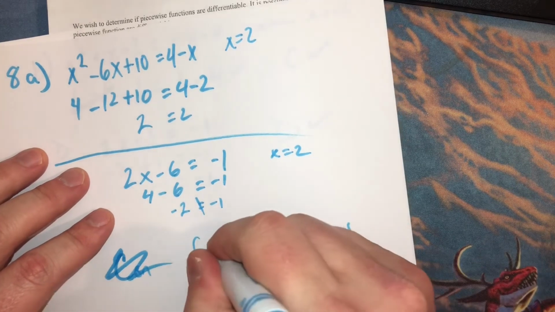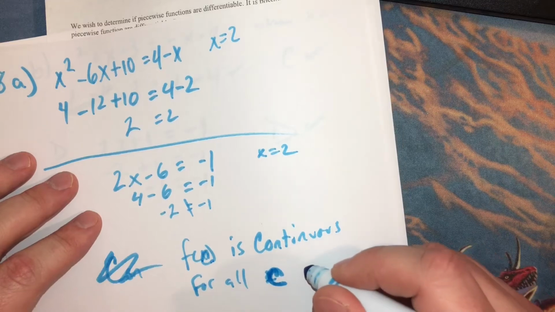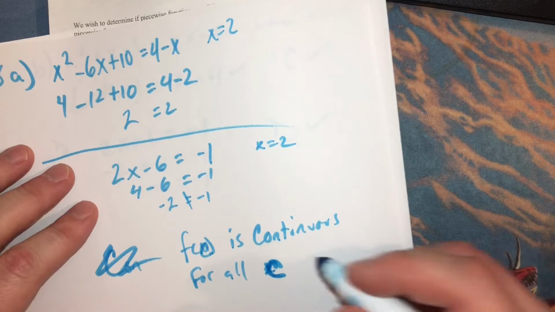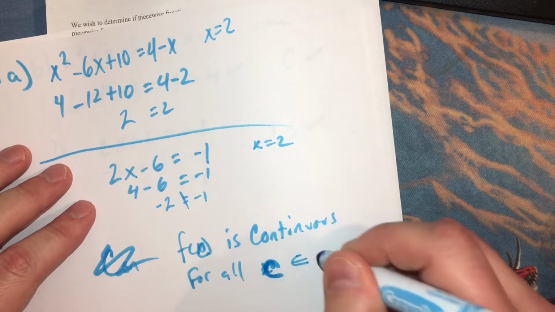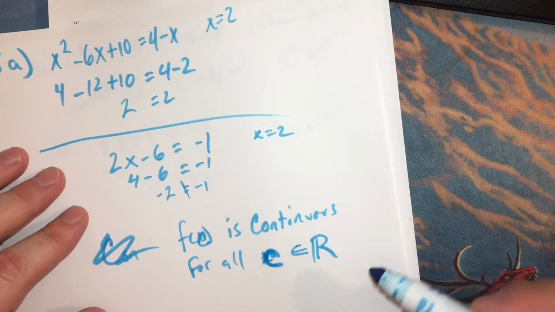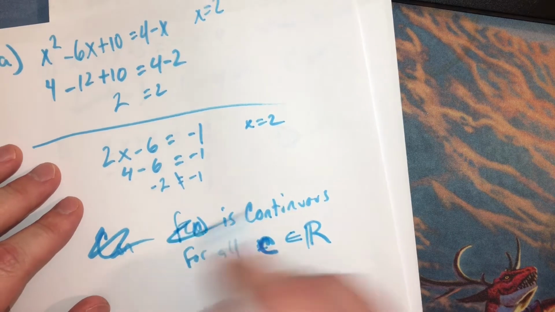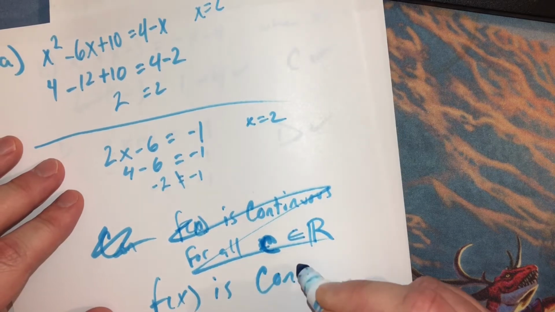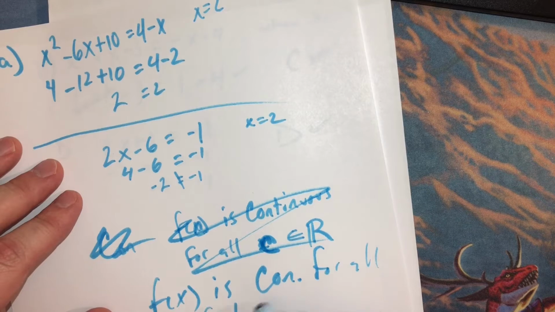I guess we say f of c is continuous for all c where c is contained in all real numbers. That's not that helpful, is it? So you can probably just say f of x is continuous for all real numbers.